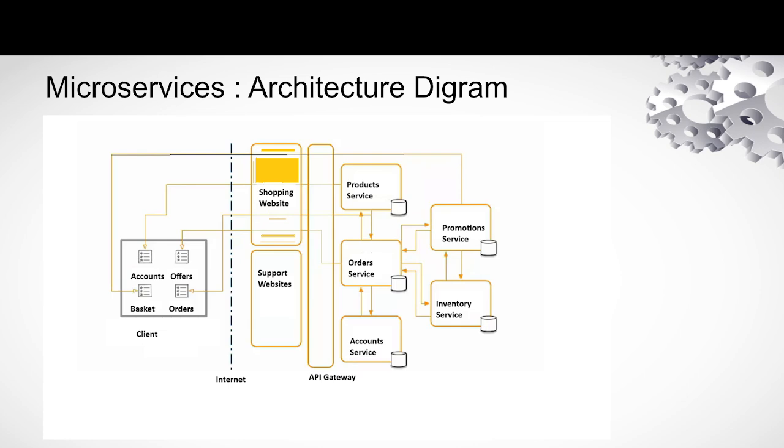But for now, think of it as something that manages and routes a request to the correct microservice within our system. So, in this example, when the customer places an order, the shopping website might use multiple microservices and multiple functions within those services in order to satisfy the transaction.